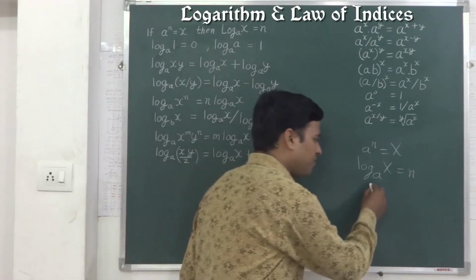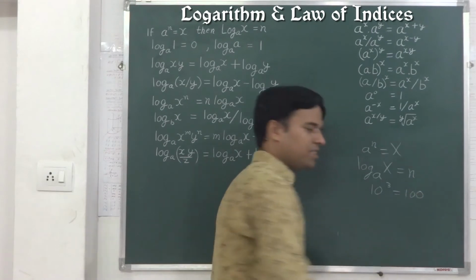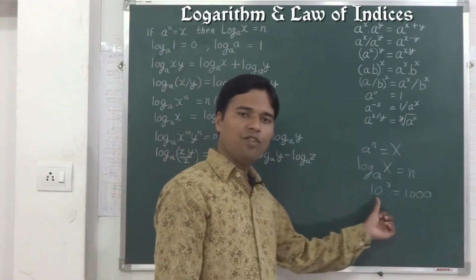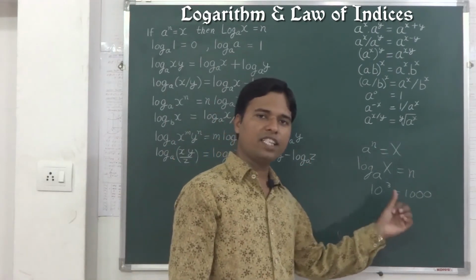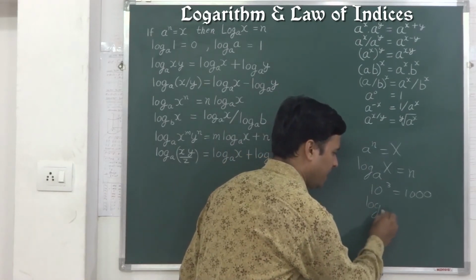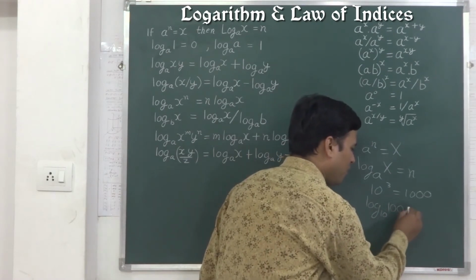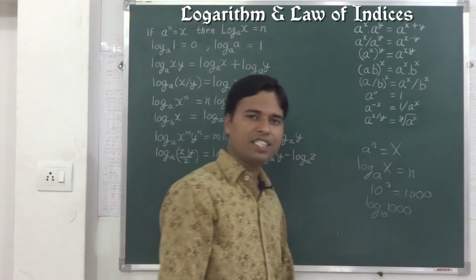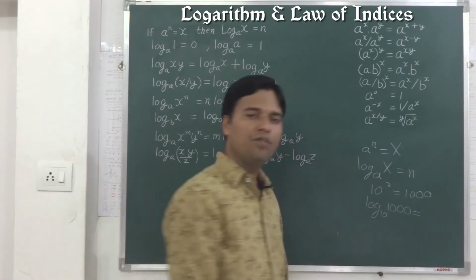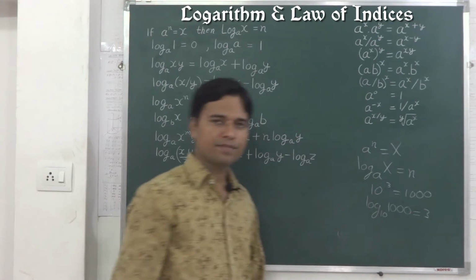Like if we write 10 to the power 3 is equal to 1000, then what can we write in logarithmic terms? If we take log with base 10 of 1000, we must have the power 3.